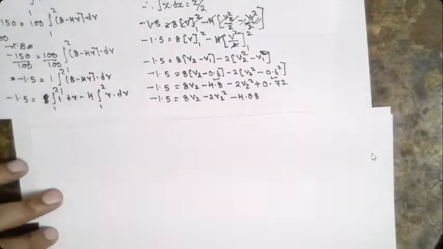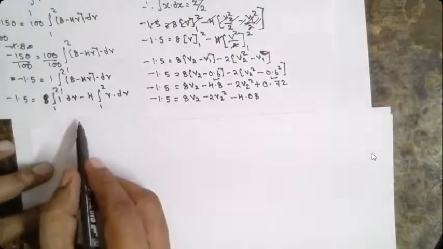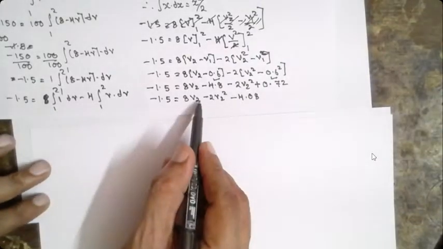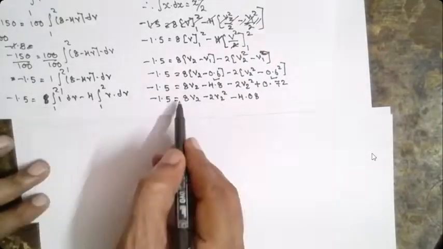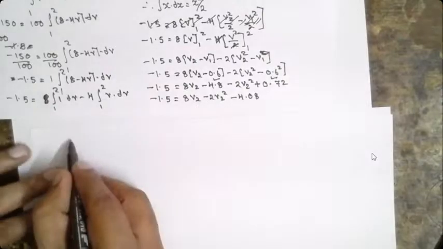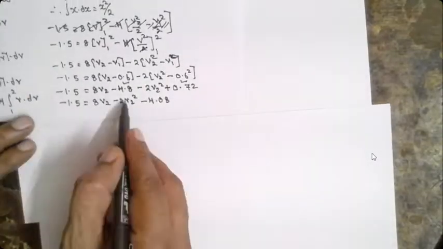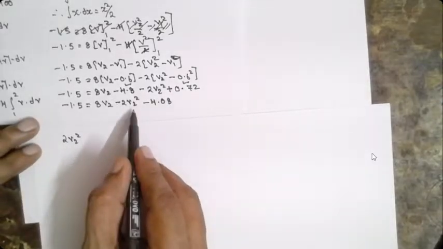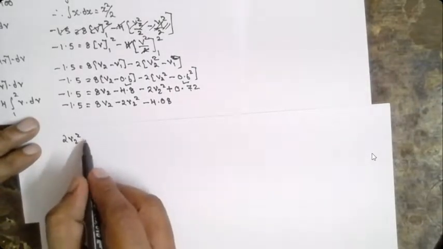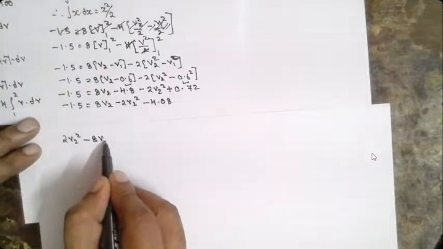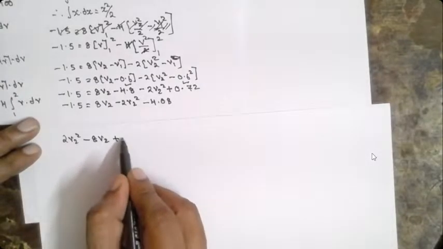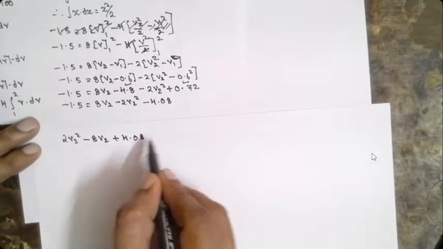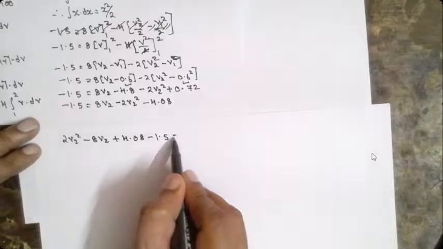Rewriting it, bring this to this side. It becomes 2 v2 square minus 8 v2 plus 4.08 minus 1.5 is equal to 0.